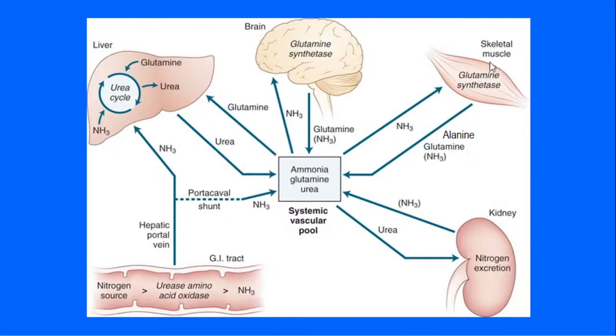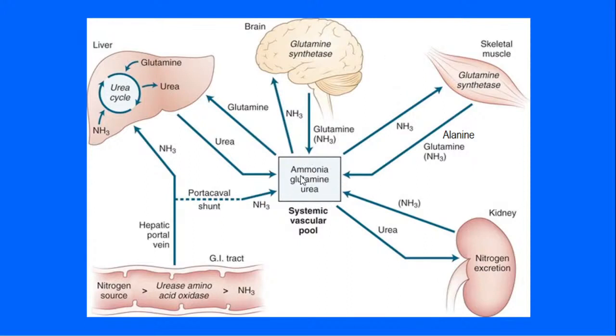Also the skeletal muscles, where we have formation of glutamine and alanine, the most important amino acids that will bring ammonia to the liver for urea synthesis. Glutamine is also a substance that is important to bring nitrogen for excretion in the kidney.